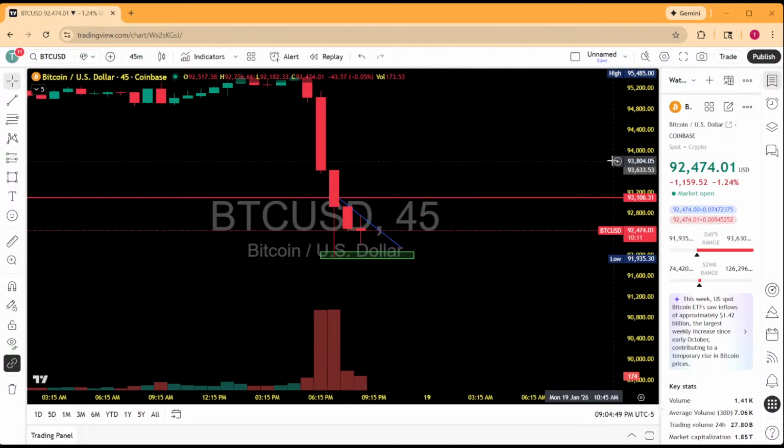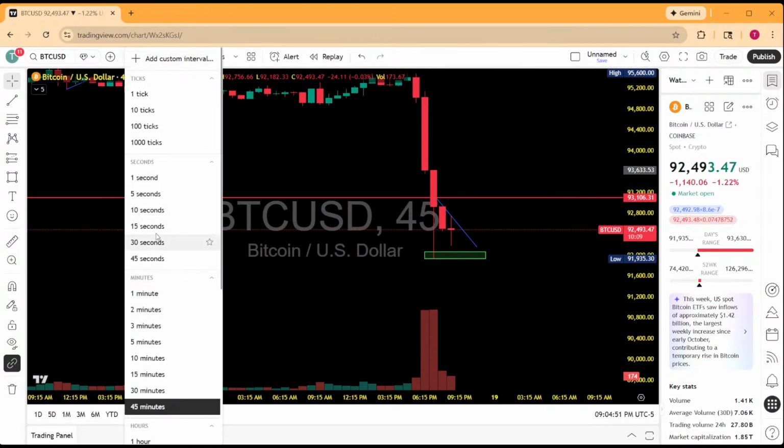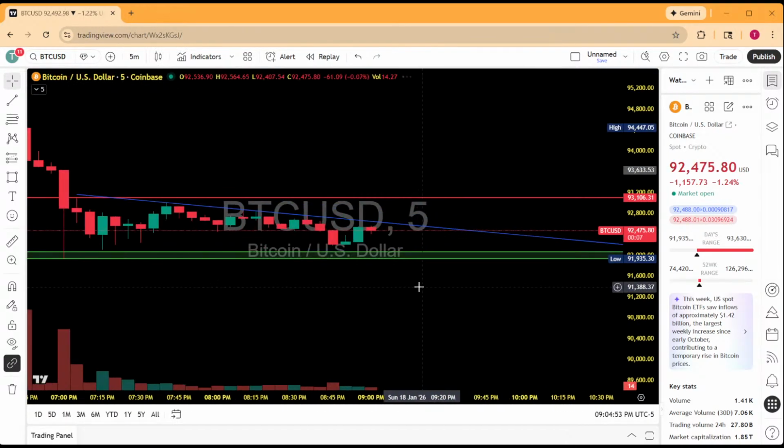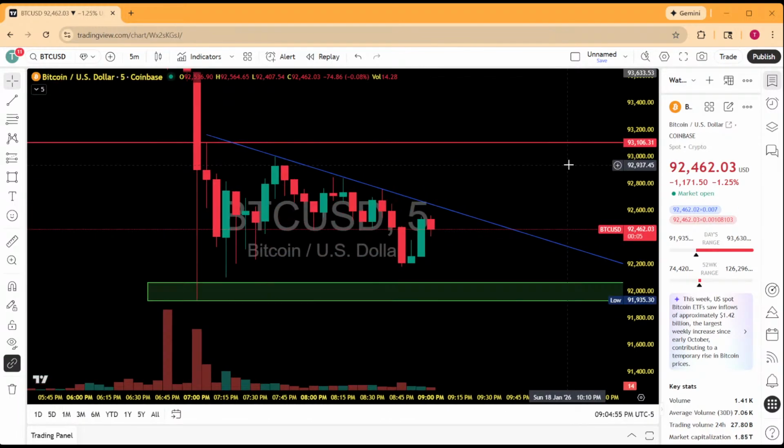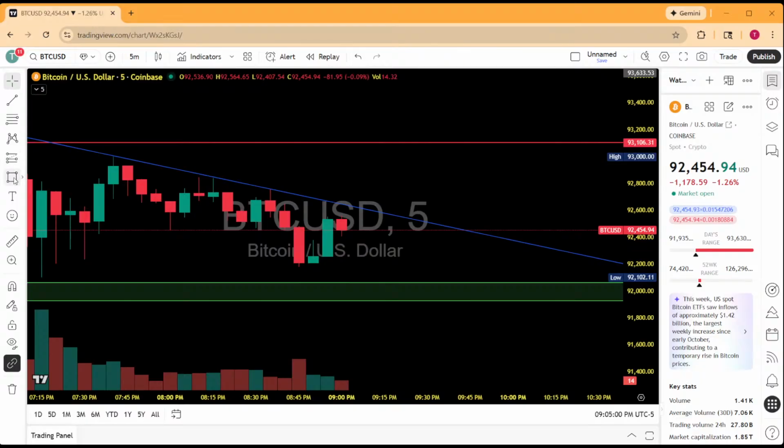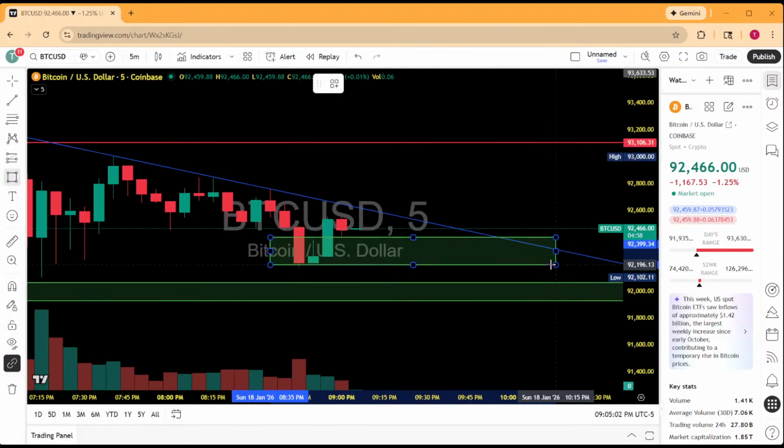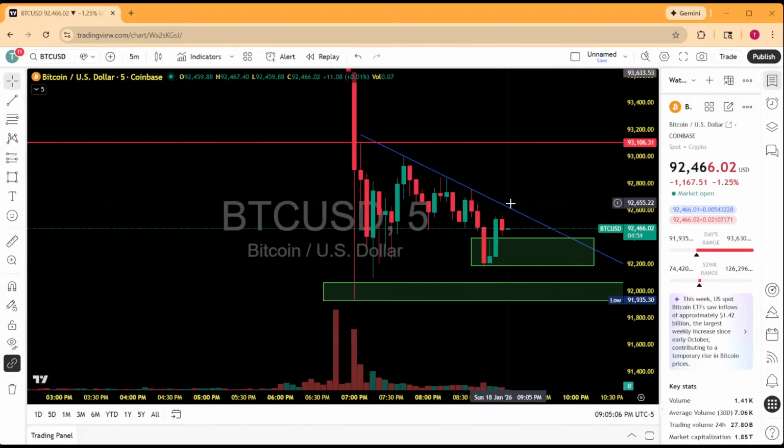Okay. So if we wanted to buy, let me do it on 5 minutes. I would like to open a position if we are coming back at this particular candle. This is our zone. Okay.